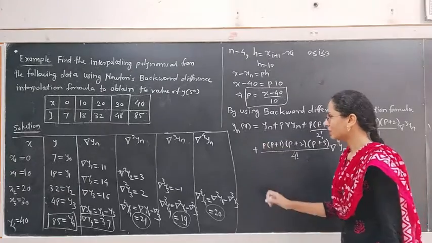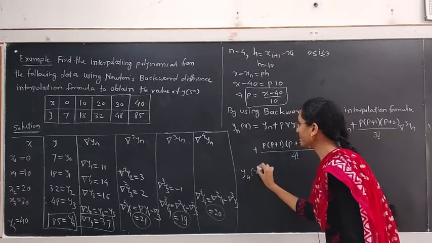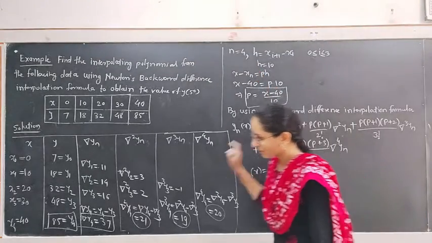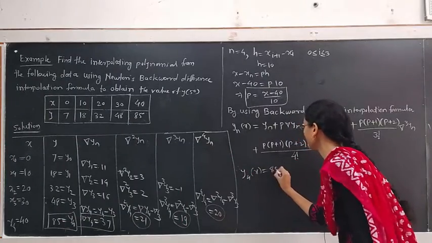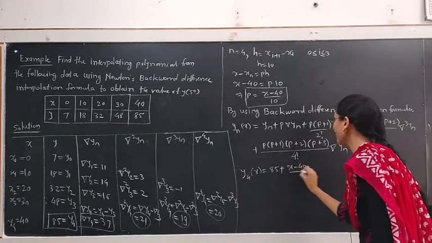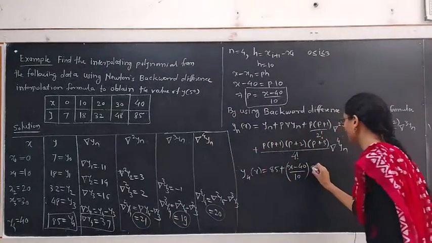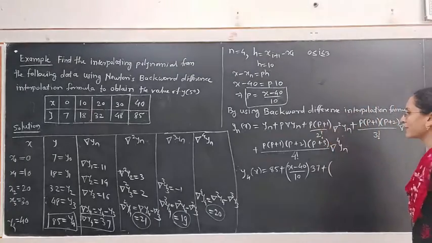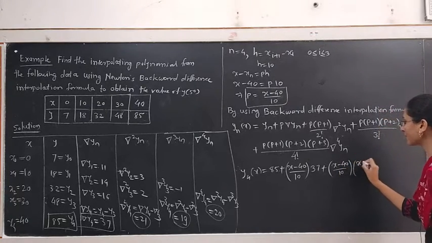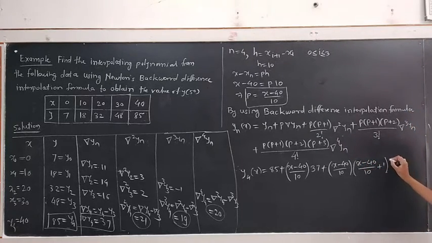Here n value is 4, hence we get y4 of x. Therefore y4 of x is equal to the value of y4, since n is equal to 4. y4 value is 85, plus the value of p, which is (x minus 40) upon 10, into del yn value, which is 37, plus p into (p plus 1), where p is (x minus 40) upon 10 and p plus 1 is (x minus 40) upon 10 plus 1, upon 2 factorial into del square yn.